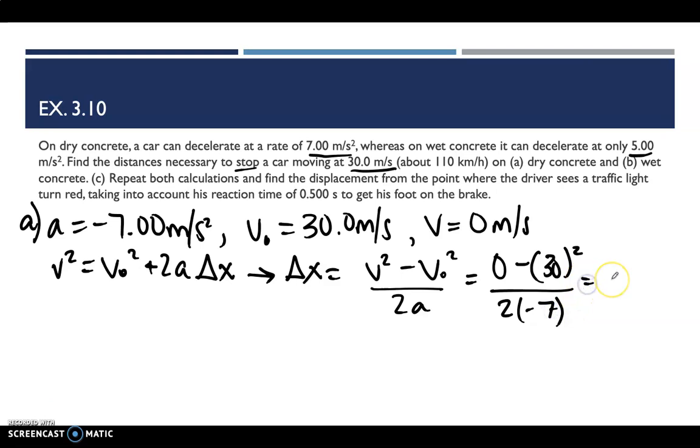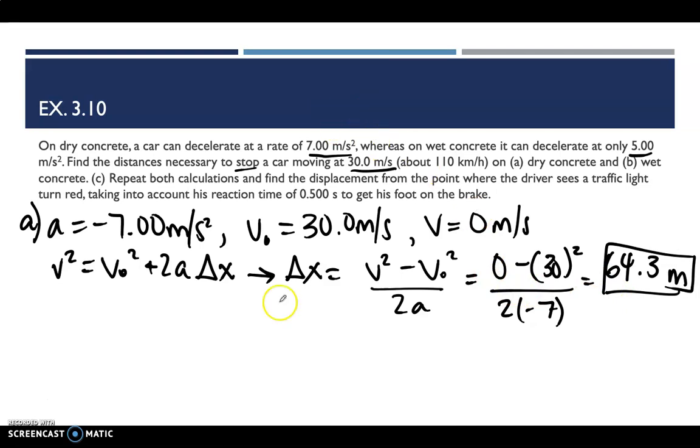So it'll be 30 squared over 2 times 7. There's a negative on top and bottom, so we get 64.3 meters. So this is how far it would take on dry concrete to stop from 30 meters per second.